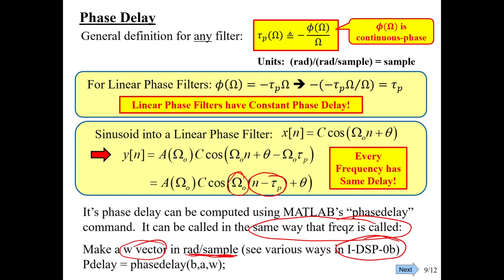Even if I ultimately want to look at this as a function of frequency in hertz, I discussed that back in this video as well. I'll do it this way first, and then I convert the W into an F and plot that. But here's the command. You put in the numerator coefficients and the denominator coefficients. You put in your W vector that you make in radians per sample, and it will compute the phase delay. You don't have to use pdelay as the variable name, but that's a convenient one. Okay, so there's phase delay.